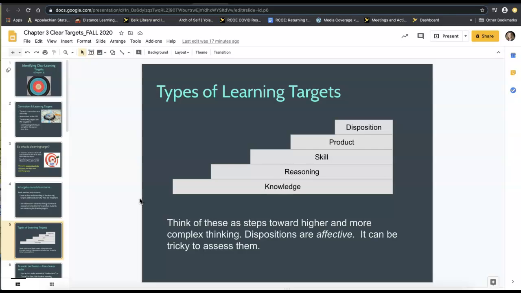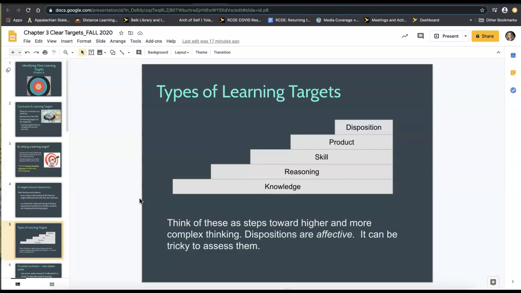In this chapter, they describe the different categories of learning target, and they discuss why it's important for us to be able to distinguish those different categories. One reason is that we're going to want to use different types of assessment techniques to assess those different kinds of learning.